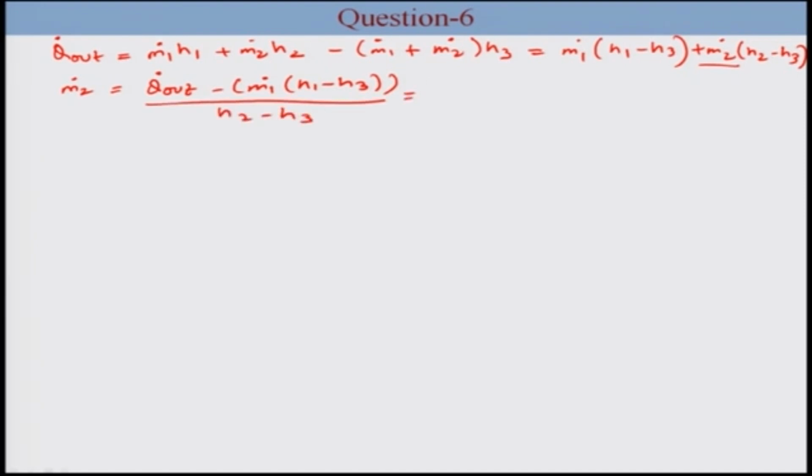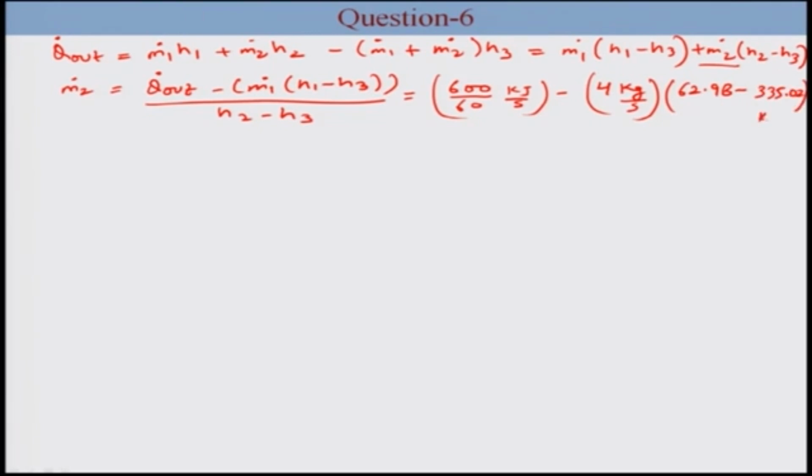So, putting all the values, Q out is 600 by 60 kilojoule per second, minus mass flow rate m1 dot, which is 4 kg per second, multiplying this by 62.98 minus 335.02.